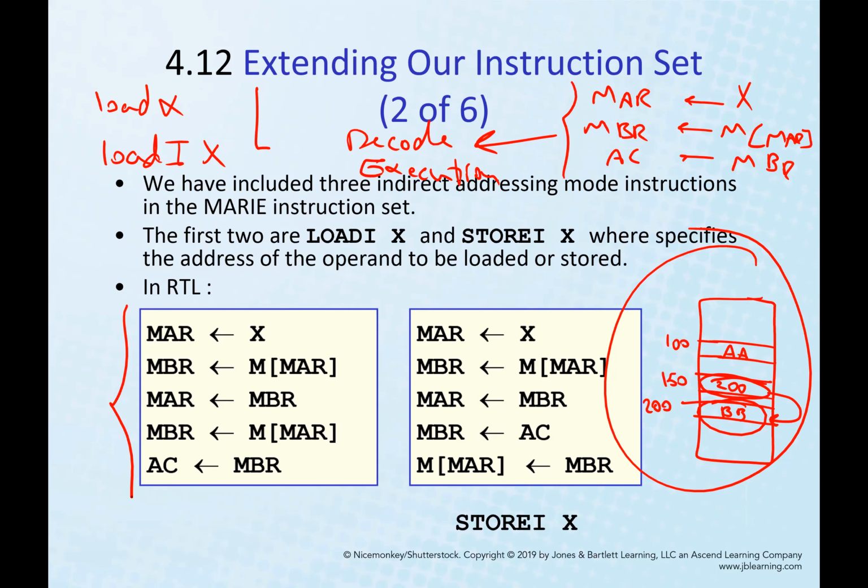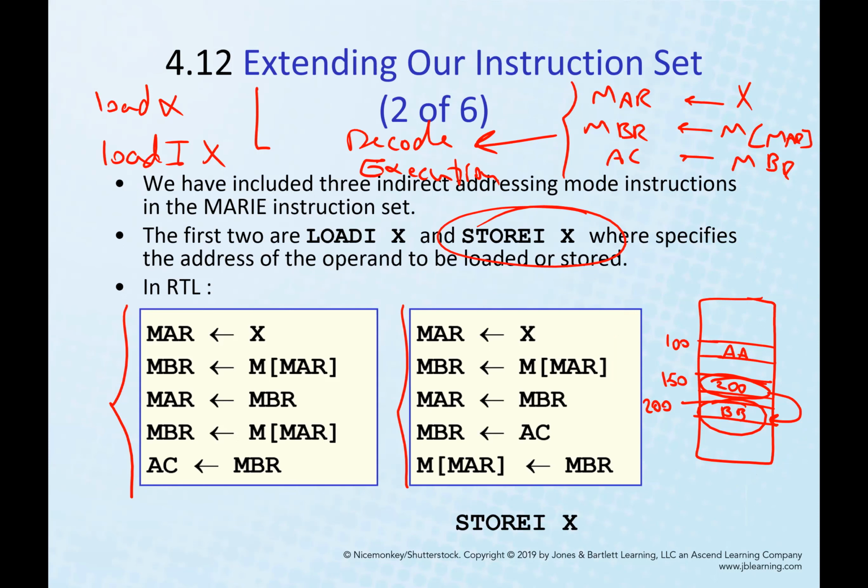Now that we learned load indirect X, let's see what store indirect X is. Store indirect X is the same thing. It says to store the accumulator in a location whose address is in address X. It does not store the accumulator in address X. Go to address X, get the information, get the address, and store the accumulator in that new address.